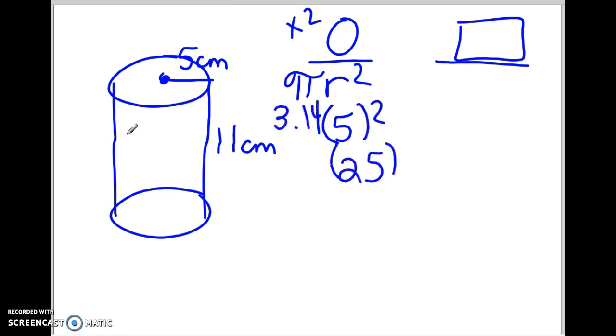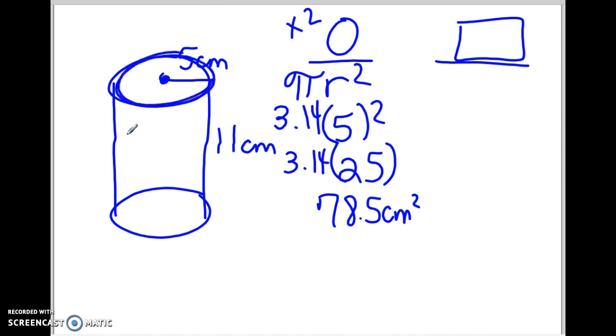That'll give you 25 times pi, and when you do 3.14 times 25, you should get 78.5 centimeters squared. That is the area of one circle. So I have one circle, I have 2 circles, right? So I'm going to be adding those together eventually.